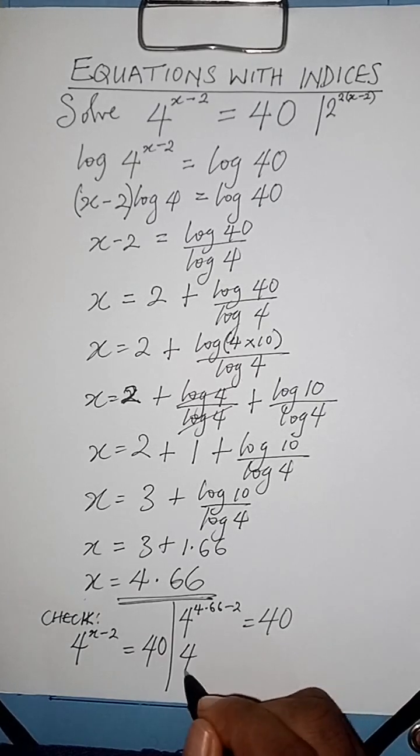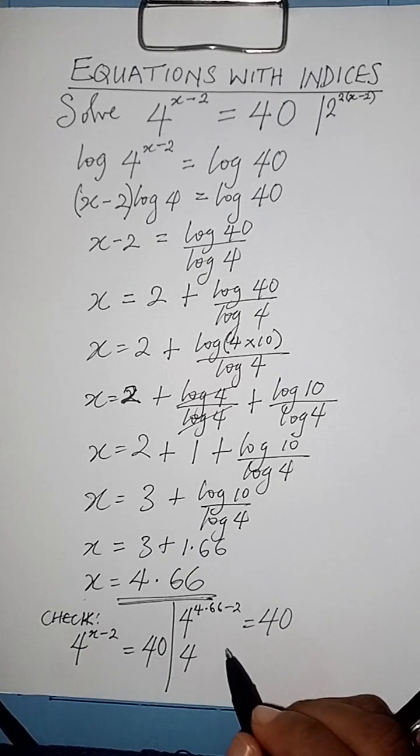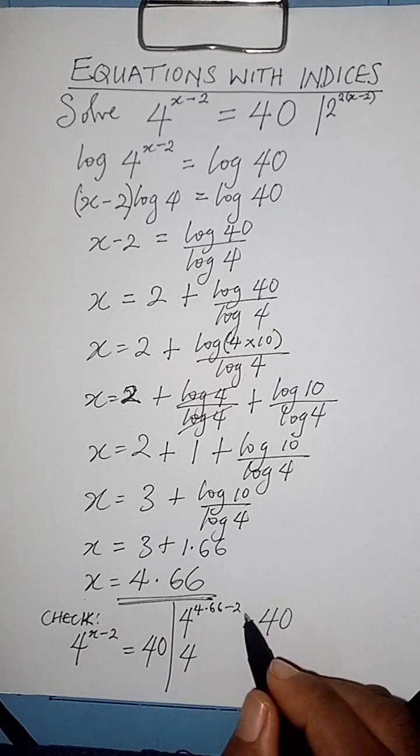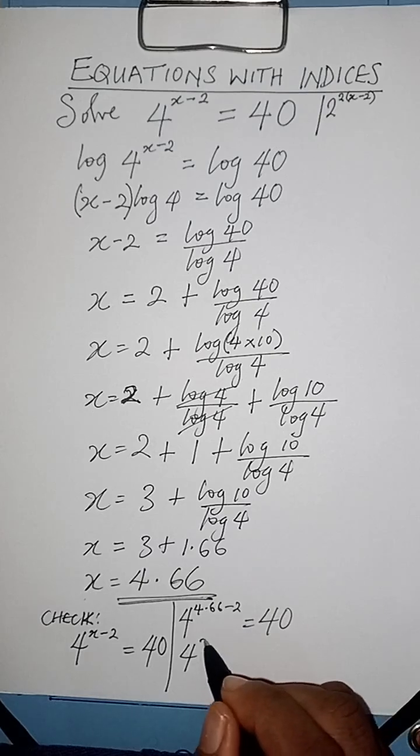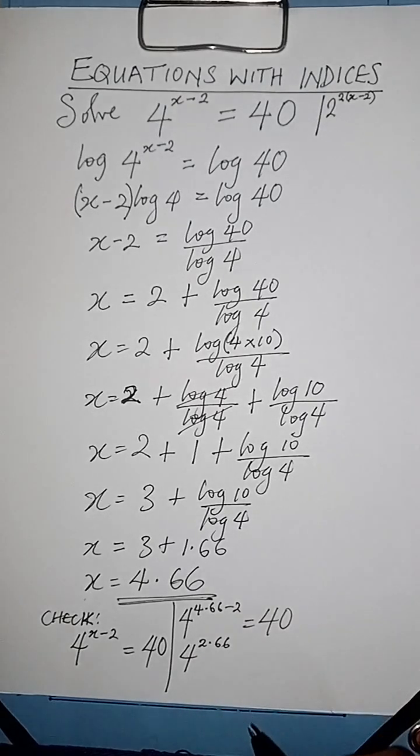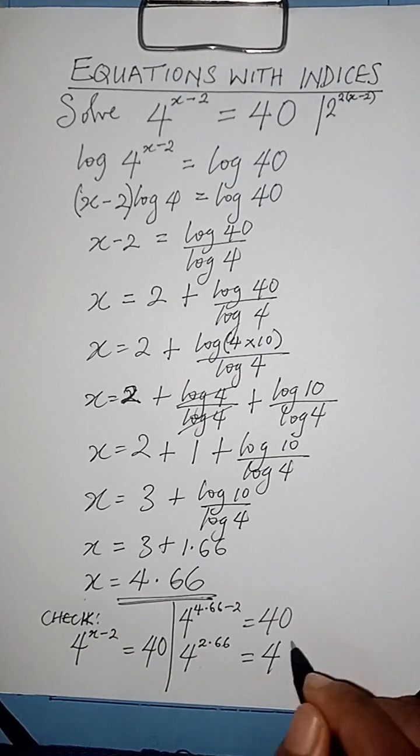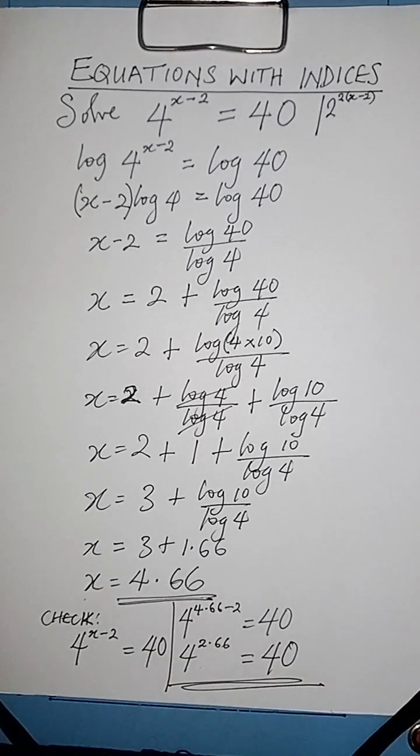And that will give me 4.66 minus 2, 2.66. If you find out using your calculator the value of 4 raised to power 2.66, it's approximately 40. That's the end of the solution to the question.